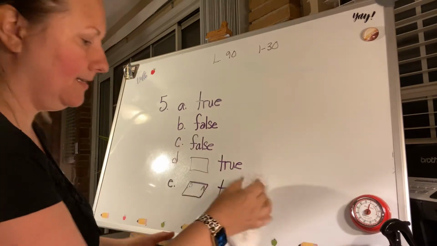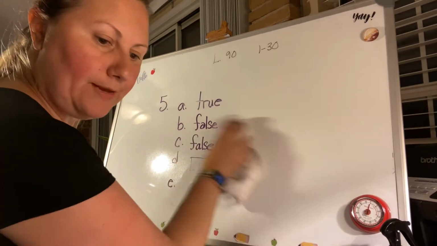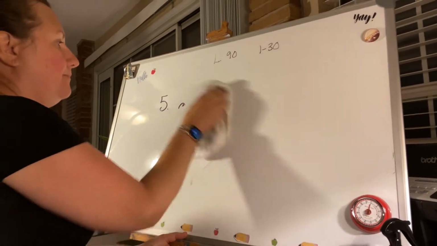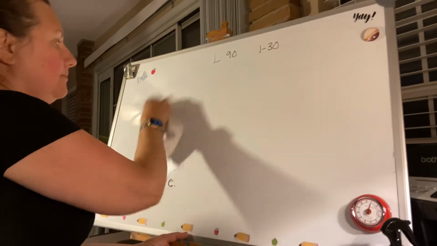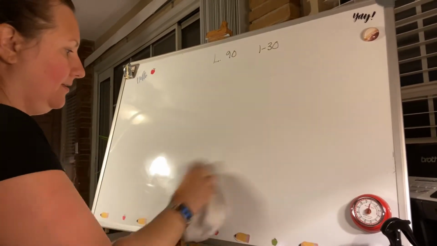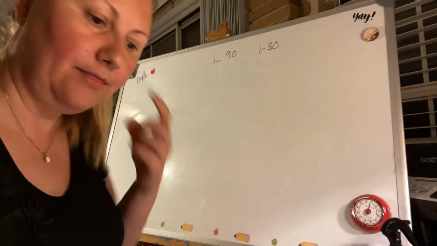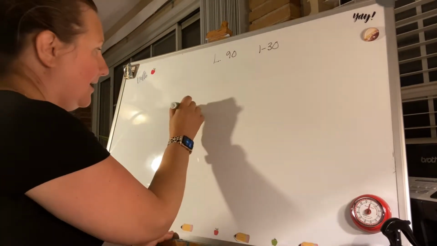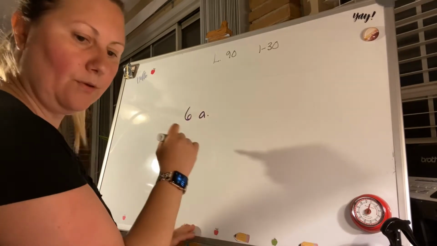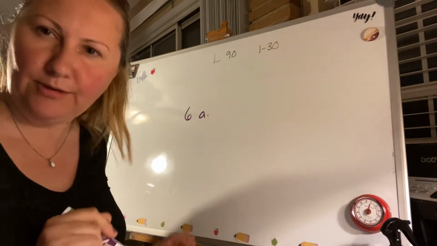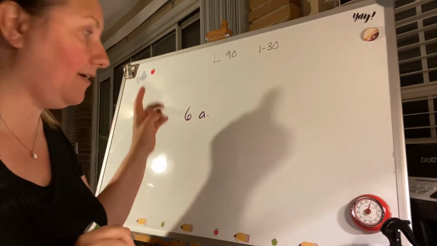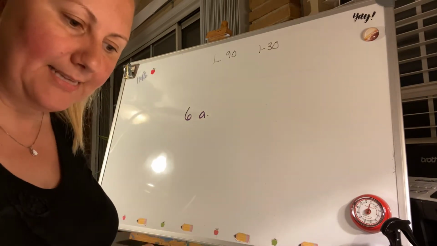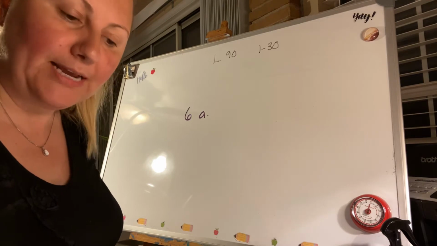Number 6 says, what decimal number names the shaded part of the large square at the right? So for 6A, you need to be following along in your book, okay, not just following along on my board. We're on page 597. What decimal number names the shaded part?